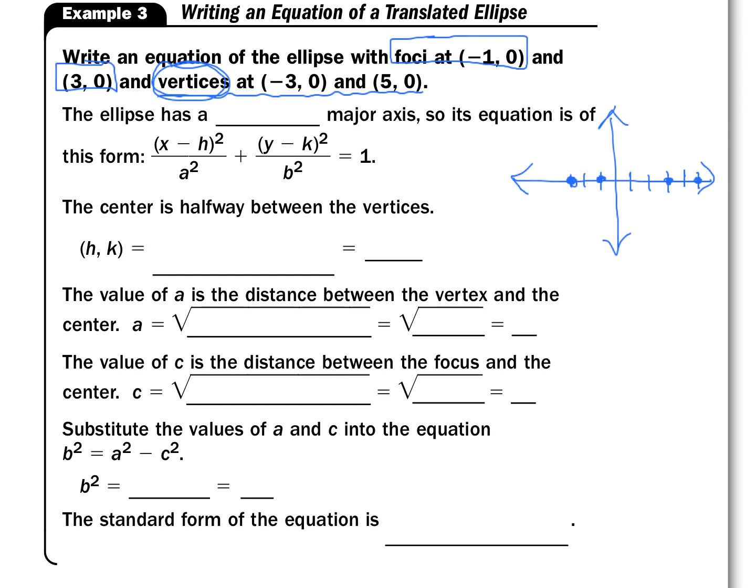So we know the foci and we know the vertices. Because those both have to fall on the major axis, that means that we must have a horizontal major axis.